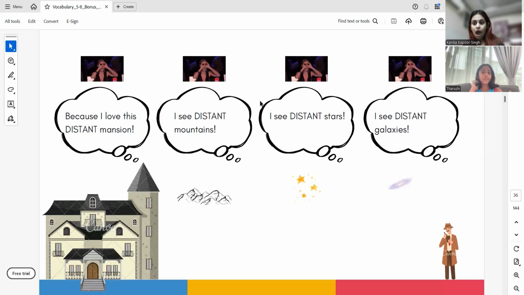So Mama will say, Wow, Tharushi, you learned a new word. Great. So what are you going to say? Mama, my dad has gone to a distant country. Yes, great. Tharushi, pat on your back that you made this sentence. Pat your back, like this.